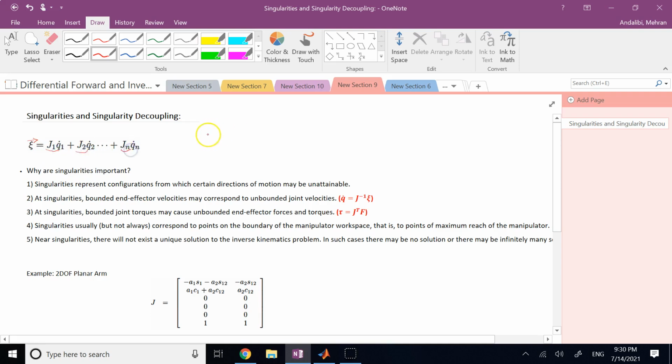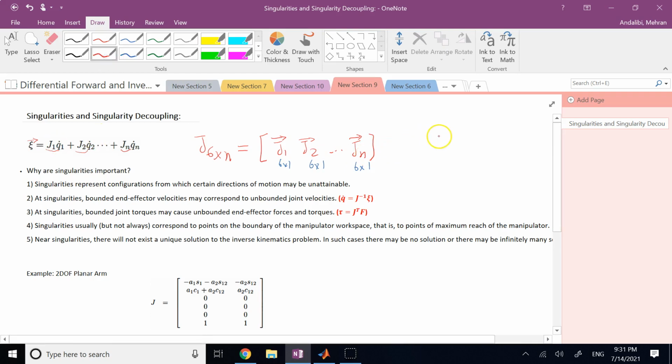So if your Jacobian matrix J, which has a dimension of 6 by n, is written as a bunch of columns, J1, J2, all the way to Jn, each one of these is a column vector, and the dimension for each one of these is 6 by 1. Okay, so here, these are the columns of the J matrix.